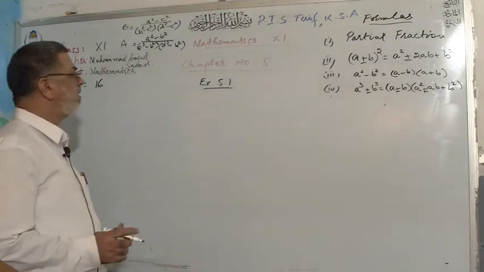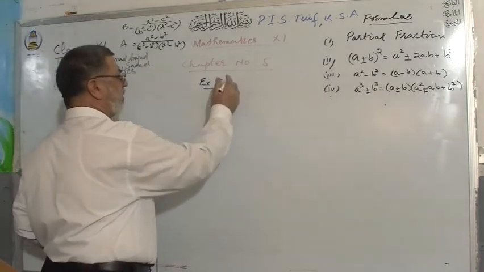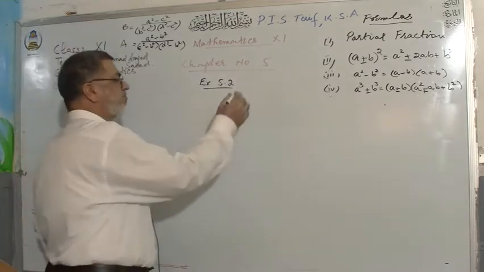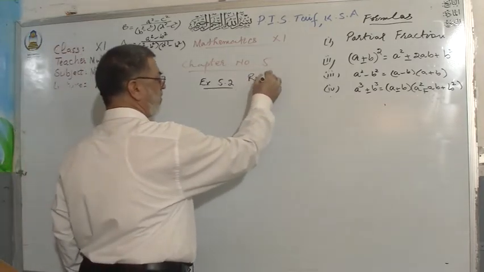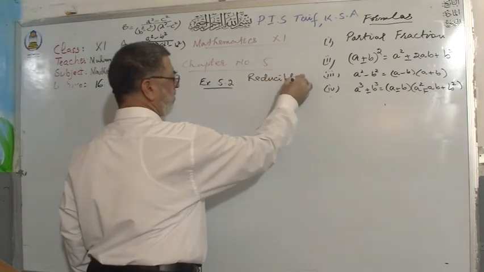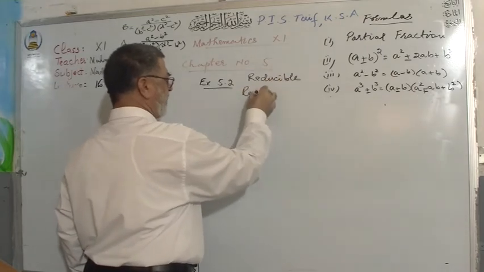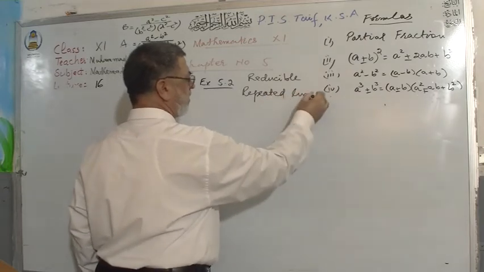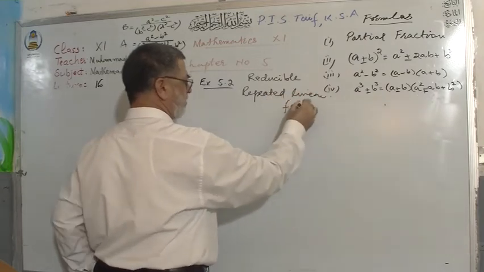And here, exercise 5.2, its title is reducible repeated linear factors.